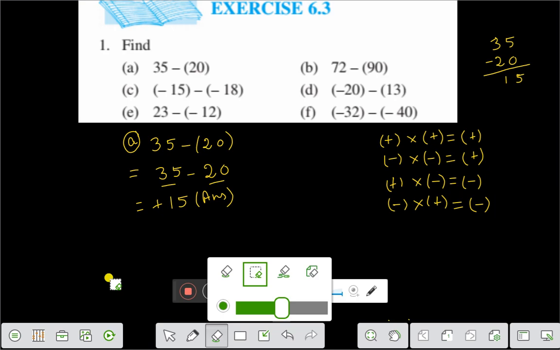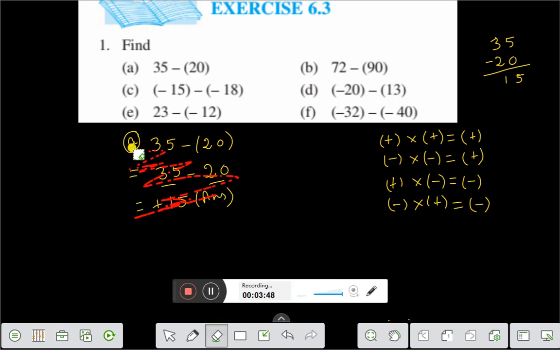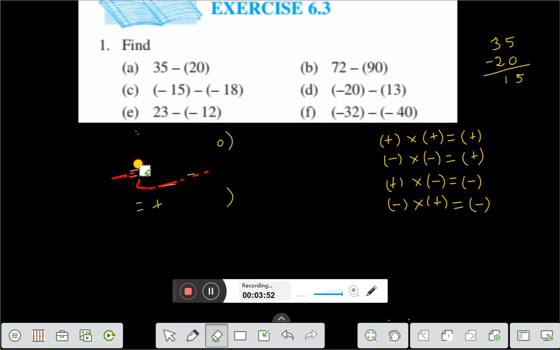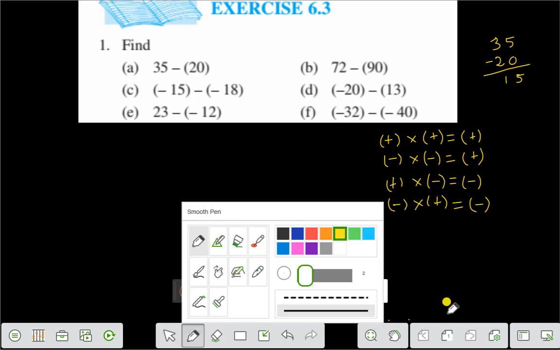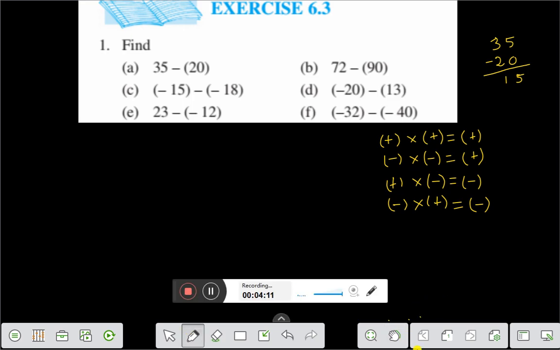Now we'll solve question number B. Question number B is 72 minus 90, right?